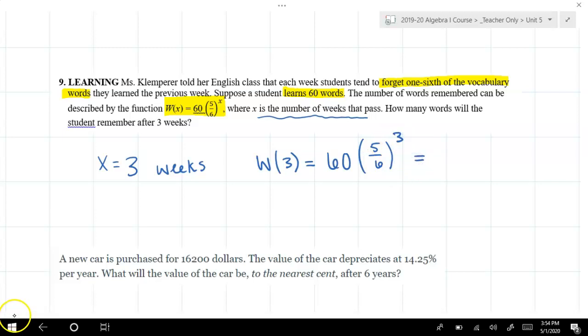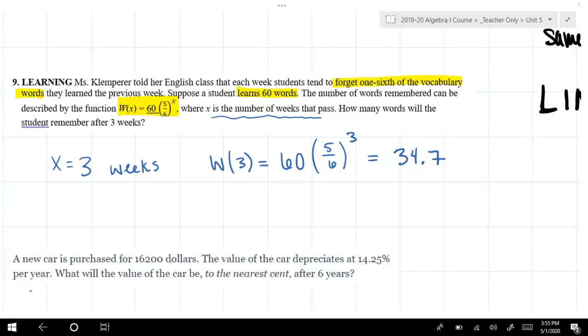Type this into your calculator exactly like that. Use the parentheses around the fraction. So after 3 weeks, the student will remember approximately 35 words.